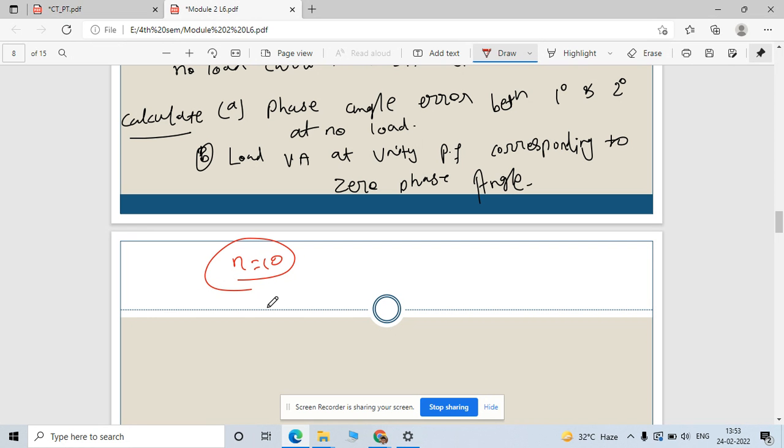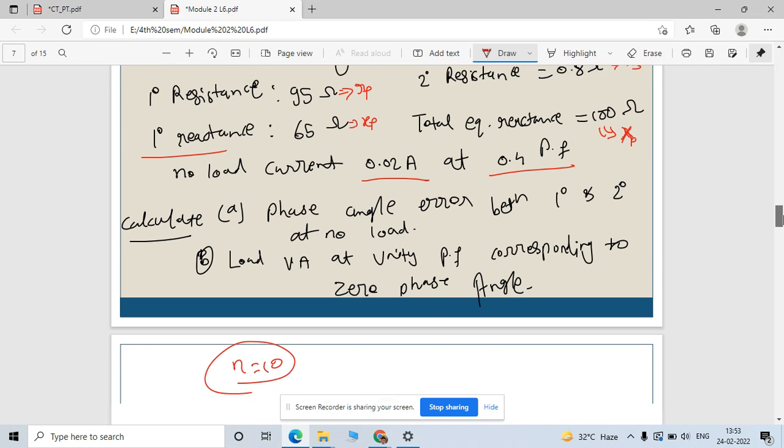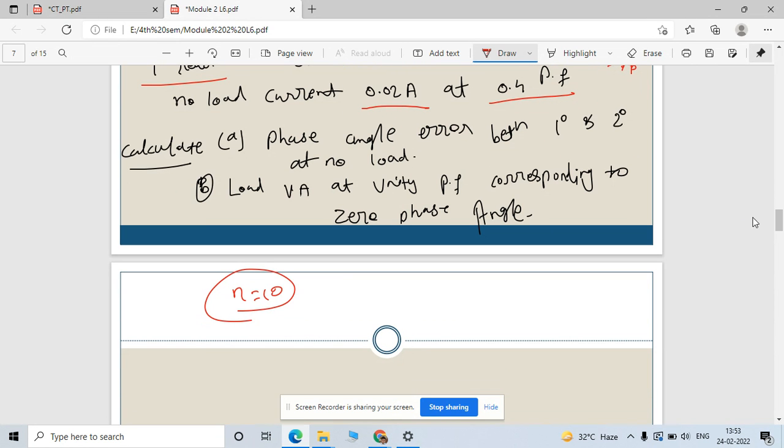How to find the I naught? I naught is given to you, right? Which is nothing but your no load current. So no load current is given at 0.4 power factor. So you can find the angle from this. See, I naught is 0.02 ampere. And the power factor angle which is provided is cos of phi naught, or you can also represent this phi naught in terms of alpha.